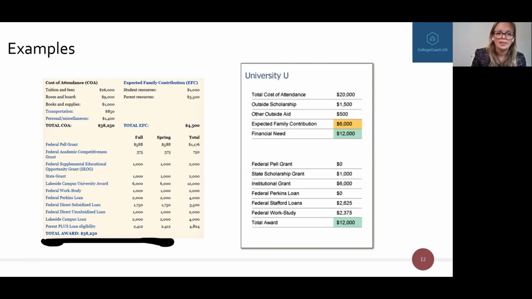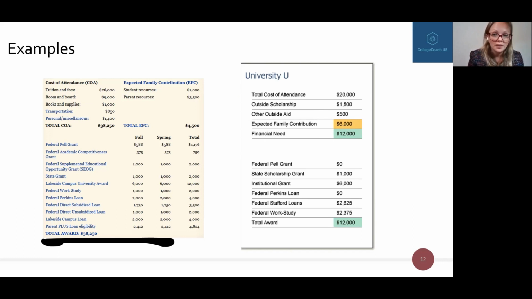Then they tell you they're going to give you a bunch of aid. And look at that: the cost of attendance and the total award are exactly the same, which makes you feel like this is a really good deal. It looks like I'm going to have to pay nothing. But as you dig in, you see the Pell Grant, a federal grant, the SEOG grant, and a grant from the state.